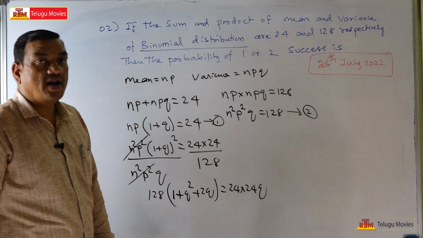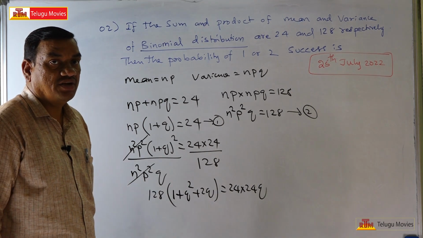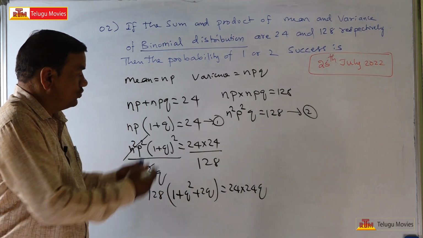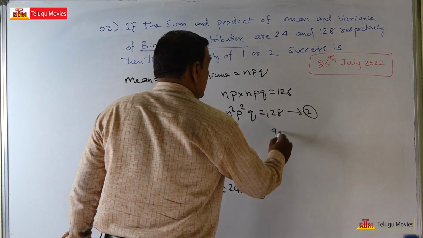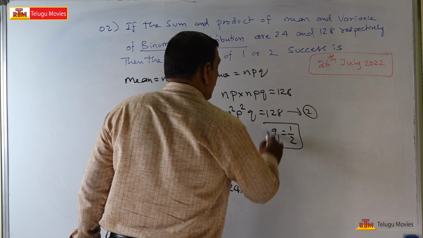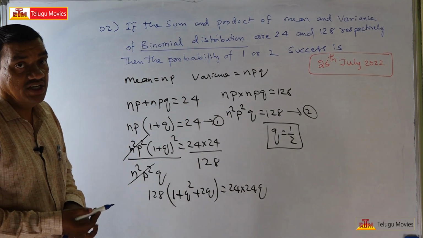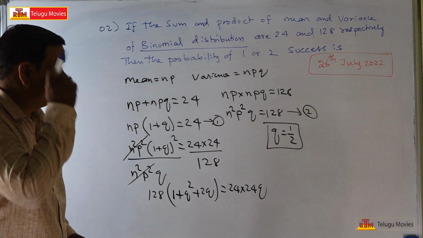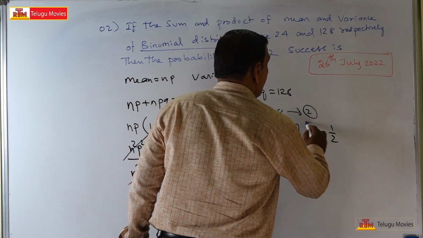You will get a quadratic equation in the variable q. So you solve it, you will get the answer. Q is equal to 1 by 2. You try to solve it, and I solved it, it is q is equal to 1 by 2. If q is equal to 1 by 2, automatically p value is also 1 by 2.